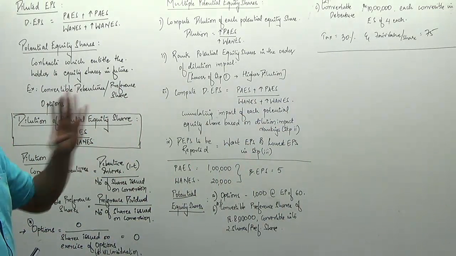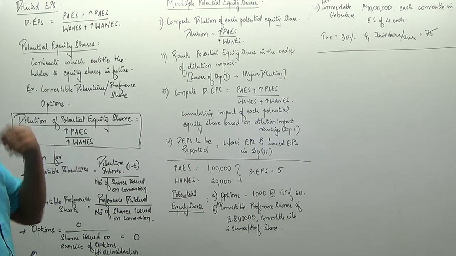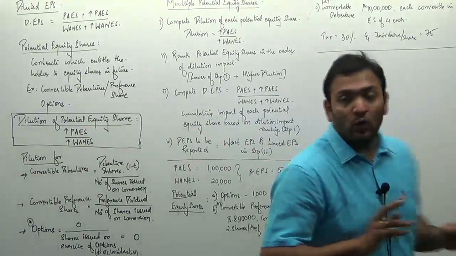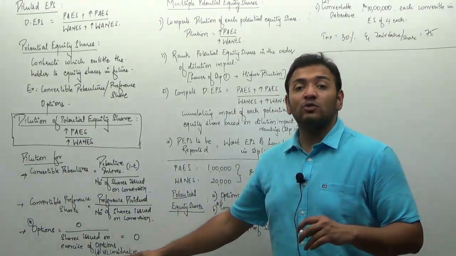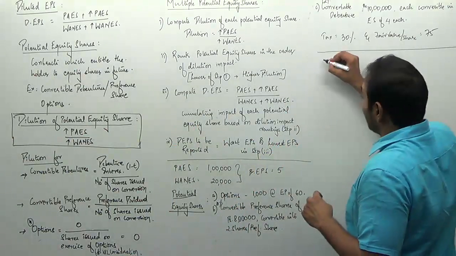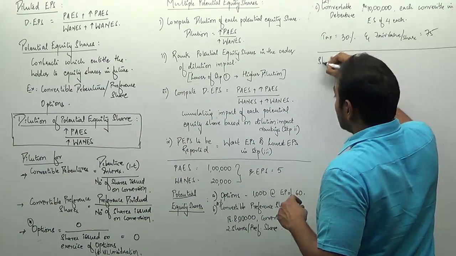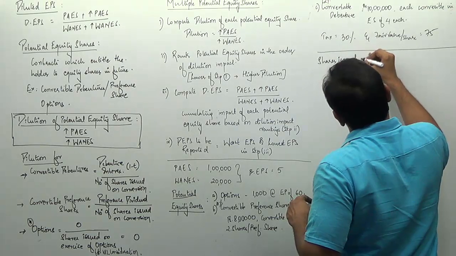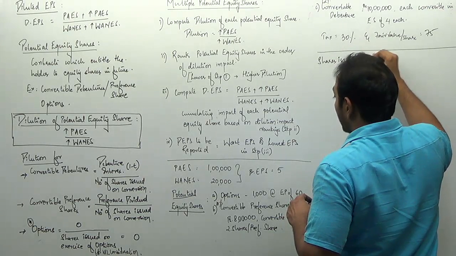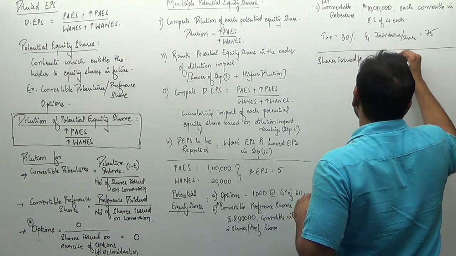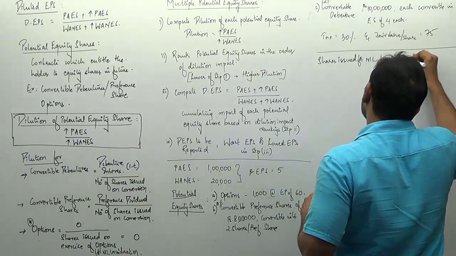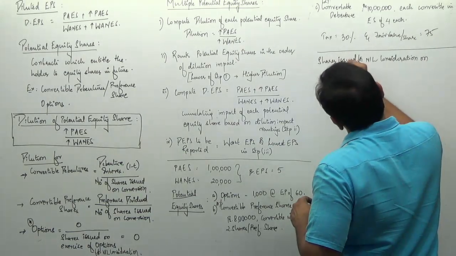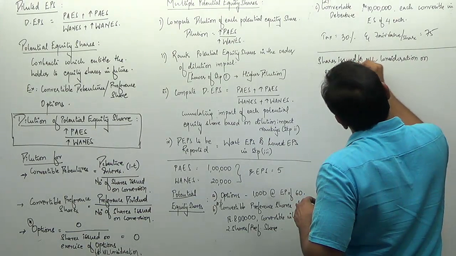I have 3 potential equity shares. I'm giving you the tax percentage and the fair value. First, to get the options, what do I need? I need equity shares to be exercised for nil consideration. Come on, let's find out. Shares issued for nil consideration on exercise of options.